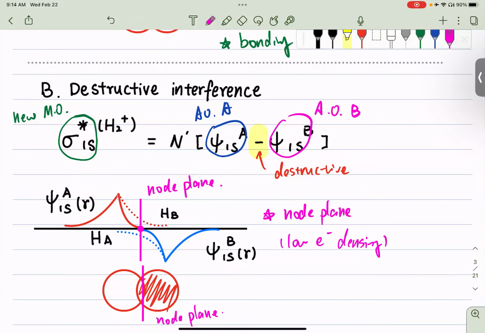Remember, at the node, we have the wave function equal to 0. And consequently, the wave function squared equals 0. So there's 0 probability of finding the electron at the node and low probability of finding the electron surrounding that node. So the result of this destructive interference is called the antibonding MO.